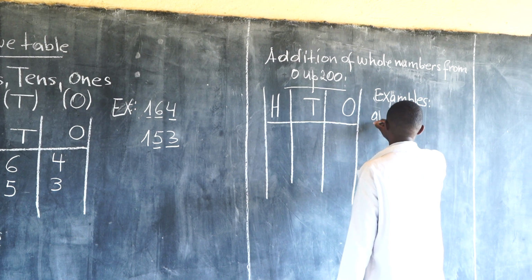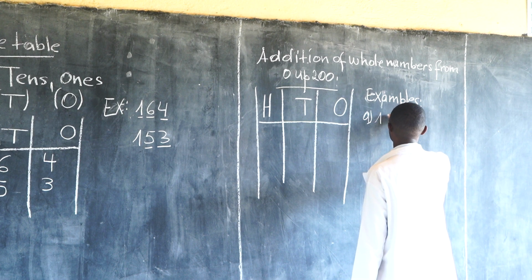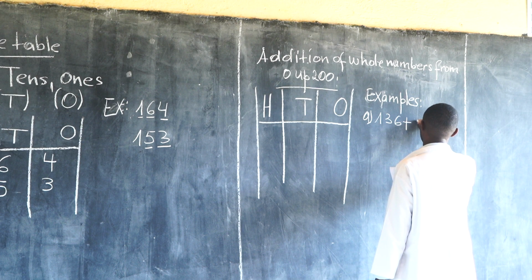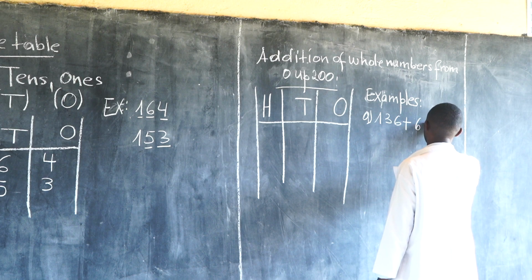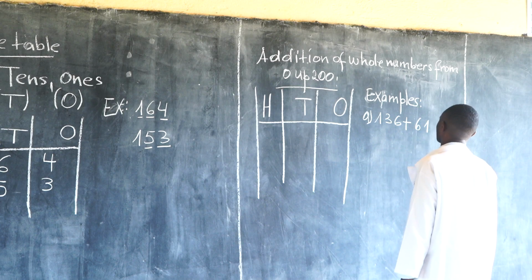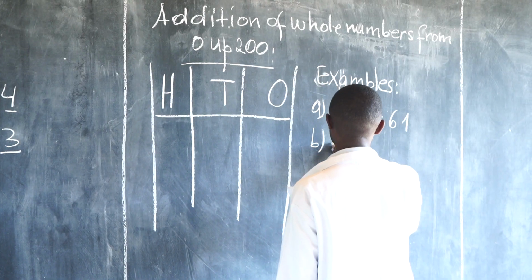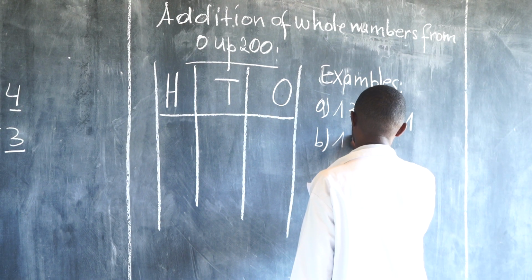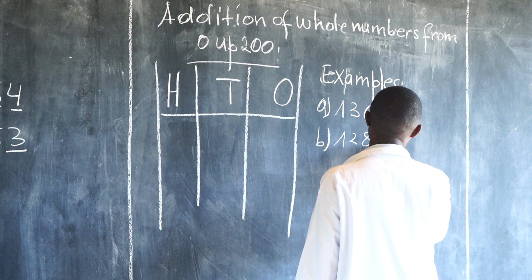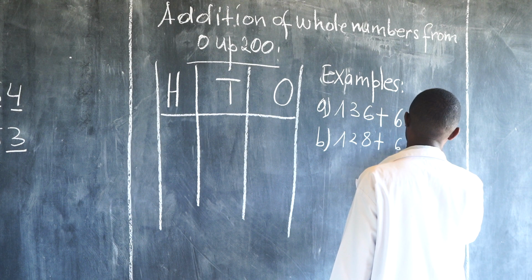For A, on this question we have 136 plus 61. For example, now on question B, we can take 128 plus 66.